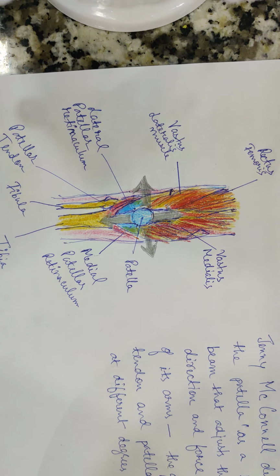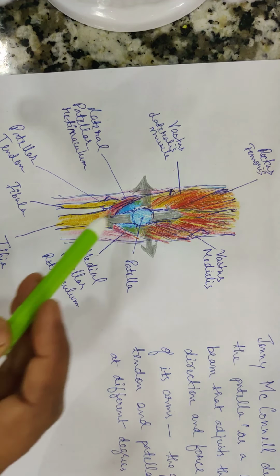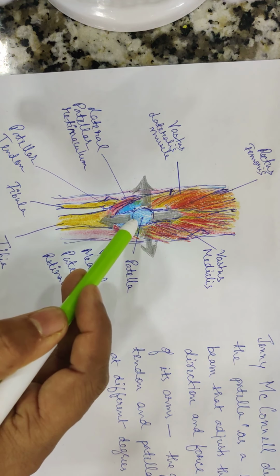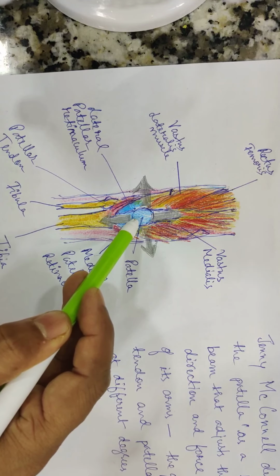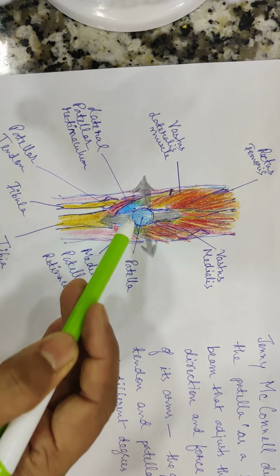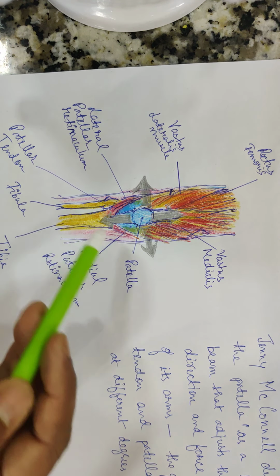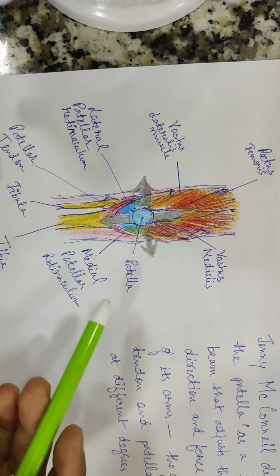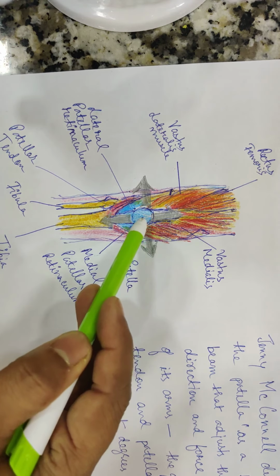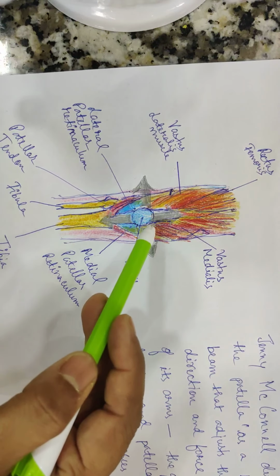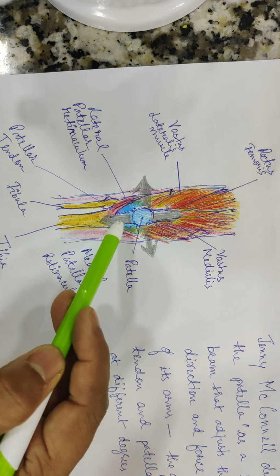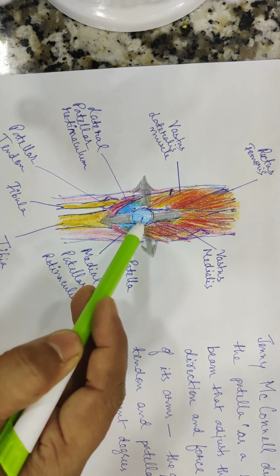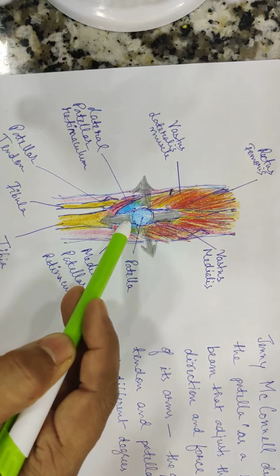There is a groove in the femur bone, and that particular groove accommodates the patella perfectly in proper alignment whenever there is flexion, extension, or whenever we do other activities like walking, running, squatting, jumping. The patella is in proper alignment, in proper tracking, and that tracking happens when the patella and the groove are in a congruent position.